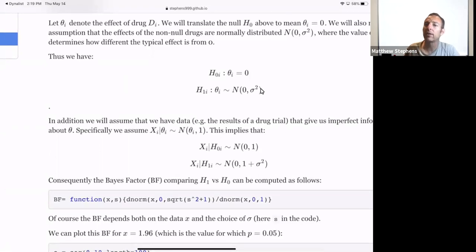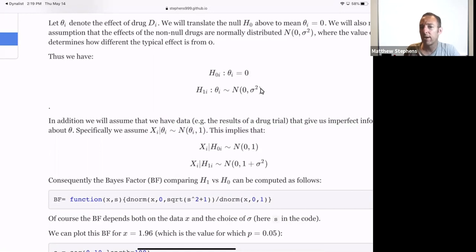If the variance is 0, then H1 is actually the same as the null. As the variance gets slightly bigger, those are small effect sizes under the alternative. And when sigma squared gets really big, those are really big effect sizes under the alternative.